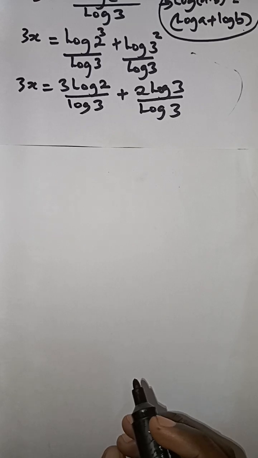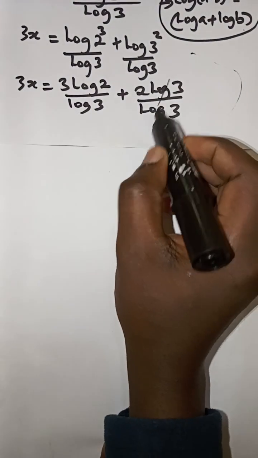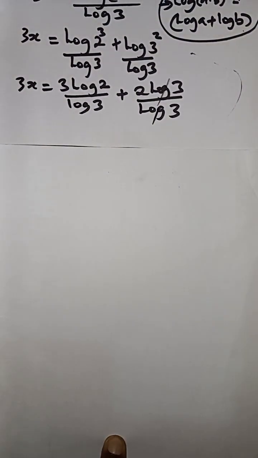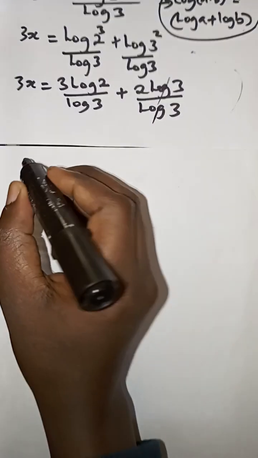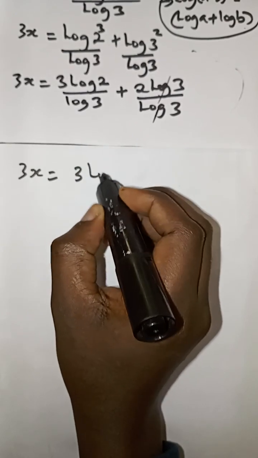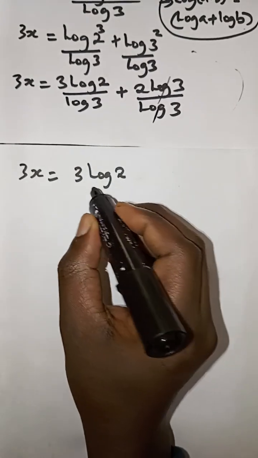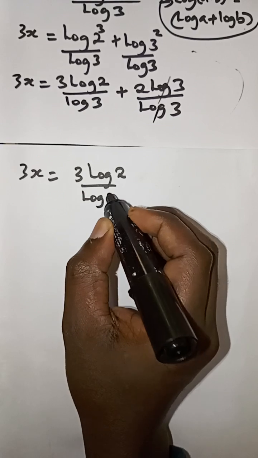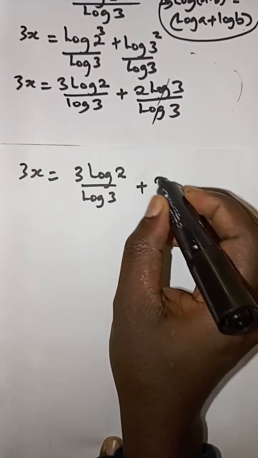So it's clear that I can cancel the log of 3, and then I end up with 3x equal to 3 times the log of 2 divided by the log of 3, plus 2.